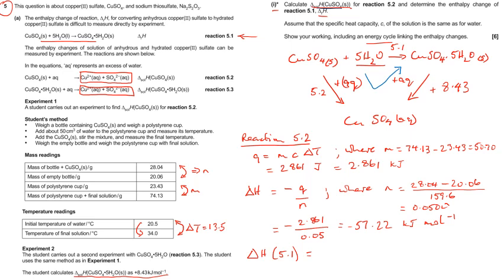So we can keep the sign of that enthalpy change the same, which is minus 57.22. And now you see the blue arrow is going against the enthalpy change for reaction 5.3. So we have to change the sign of that, so it's going from plus 8.43 to minus 8.43. So that turns out to be minus 65.65 kilojoules per mole. So there you have those marks there.